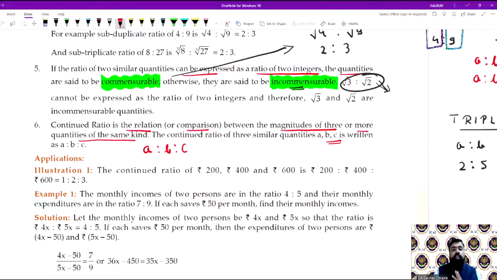Or there are three partners sharing their profit and loss in the ratio of 1 is to 2 is to 3. So whenever there are three or more terms in the ratio, then it is known as continued ratio.